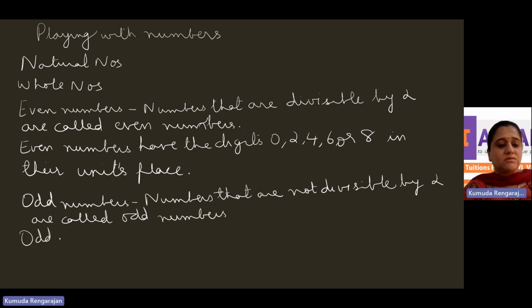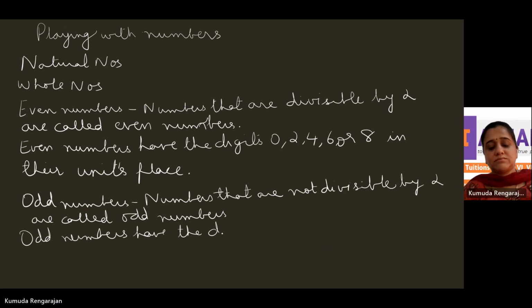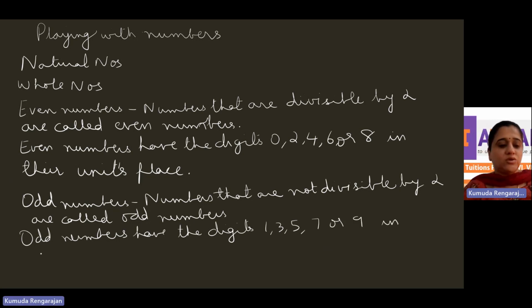Odd numbers have the digits 1, 3, 5, 7 or 9 in their units place. Am I clear so far, children?